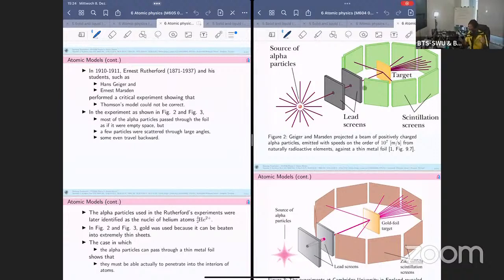What could we think about the atomic model when we have these experiments? Any idea about that? They were quite clever to observe the behavior of the atom.